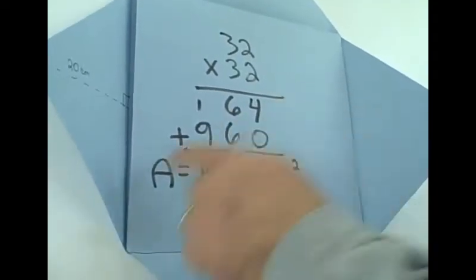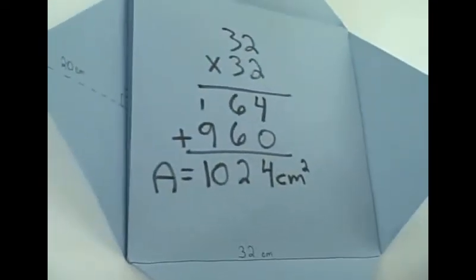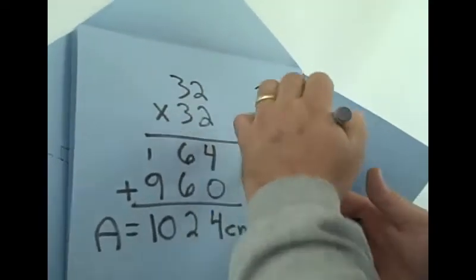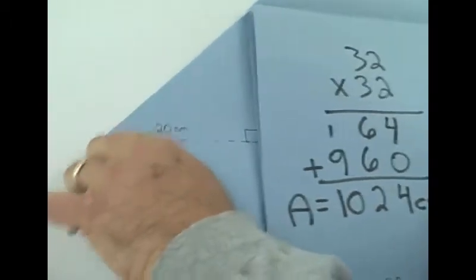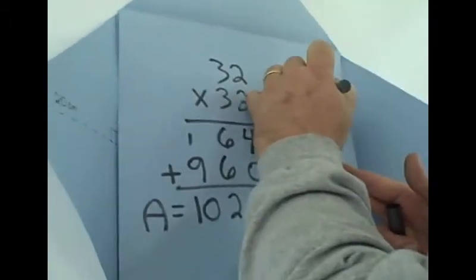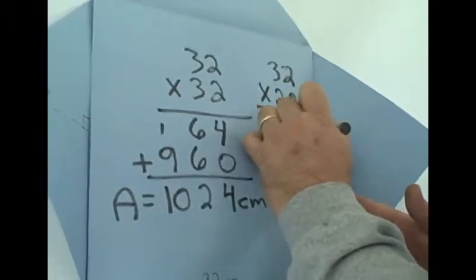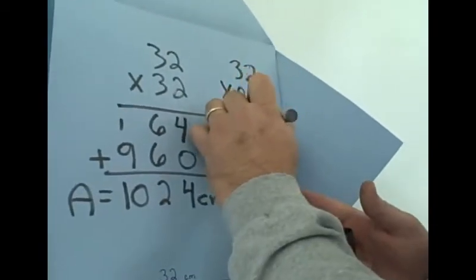Now, we found this area. We also have to find the area of our triangle part here. This side has to measure 32. The height is 20 centimeters, so we're going to multiply times 20. 2 times 0 is 0. 3 times 0 is 0.